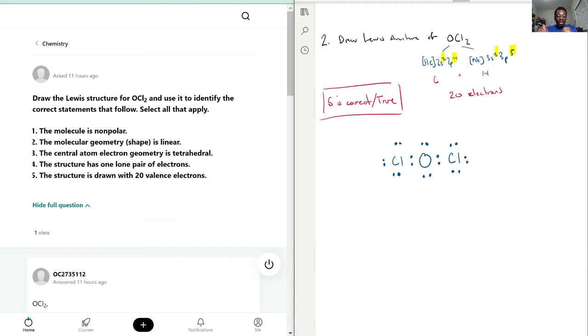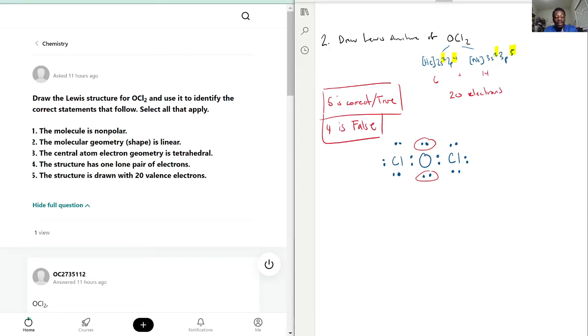When they refer to lone pairs, they're typically talking from the perspective of the central atom. I count 1, 2 lone pairs because a pair is 2. So with that being said, 4 is false. So now we've answered 2 of our questions so far because there's 2 lone pairs instead of 1.